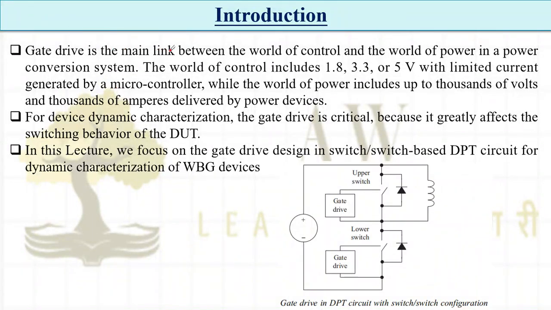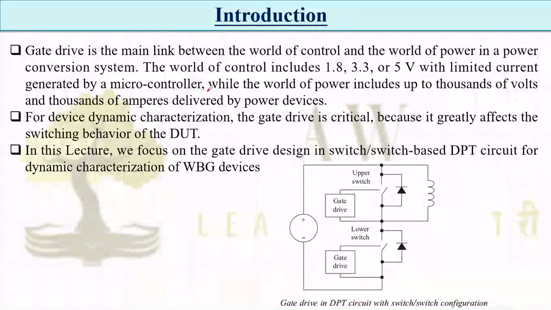What is a gate driver? A gate driver is the main link between the world of control and the world of power in a power conversion system. The world of control includes various voltage levels like 1.8 volt, 3.3 volt, 5 volt with limited current generated by a microcontroller.